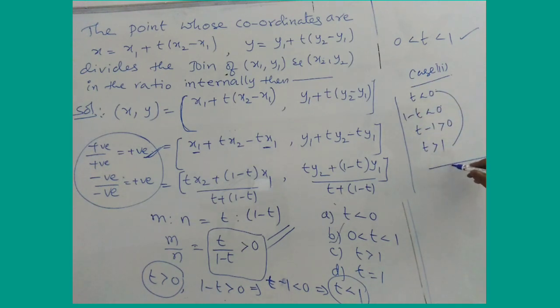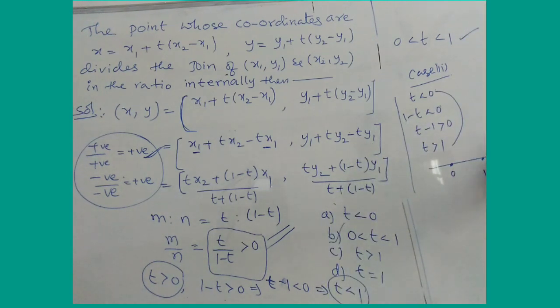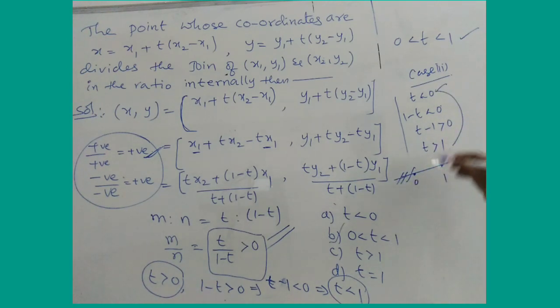This is the value 0, and suppose this is 1. Can you see here? See the combination of these two, I mean common solution. Condition number 1, less than 0, this one. And according to this, more than 1.